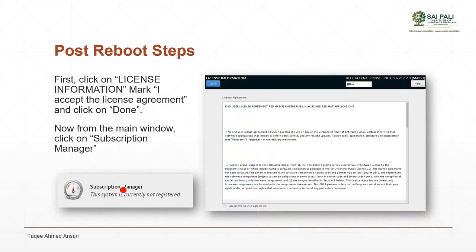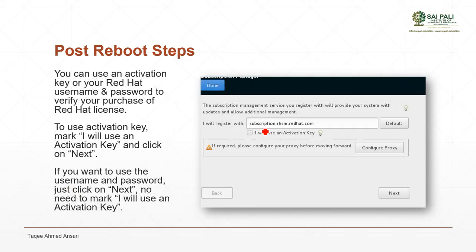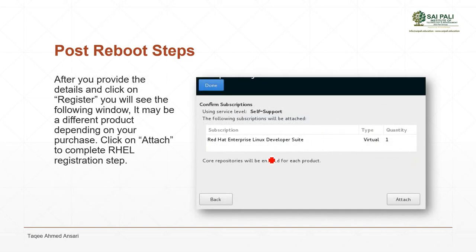When you click the subscription manager, it will open this license agreement which you have to accept, and then you go for the subscription manager, and here you have to connect to the server. This is the Red Hat server for subscription. If you are having a proxy, then you can configure it. Next, it will ask you to log in with your credentials like username and password, and then you have the option to attach.